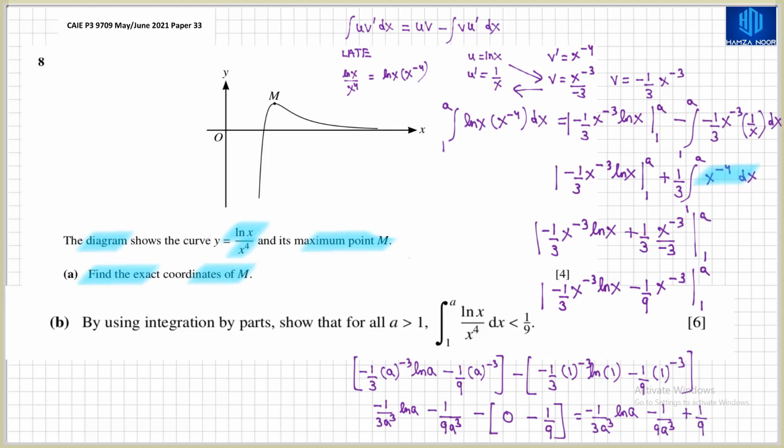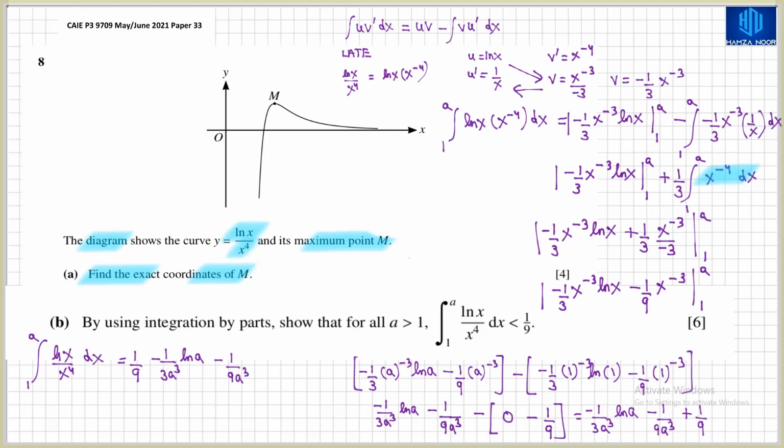So far we have obtained this expression. So if we integrate ln x divided by x raised to the power 4 with respect to x with upper limit a and lower limit 1, what we get is 1 over 9 minus 1 over 3a cube into ln a, and then minus 1 over 9a cube. All right, so this is the expression for the definite integral.